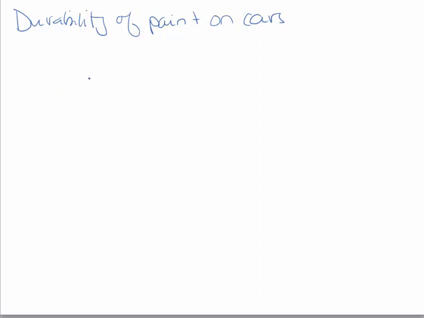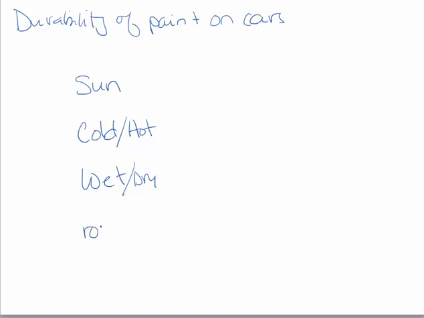The first one is, is the sun out or not? The second one is cold or hot, or temperature. The third one is wet and dry. And then the last factor is rock salt.